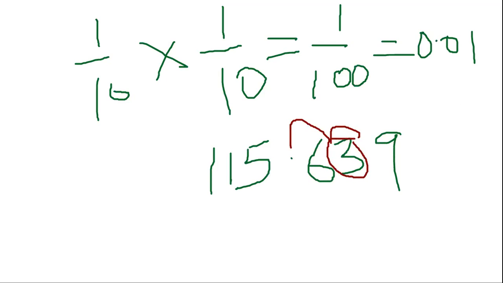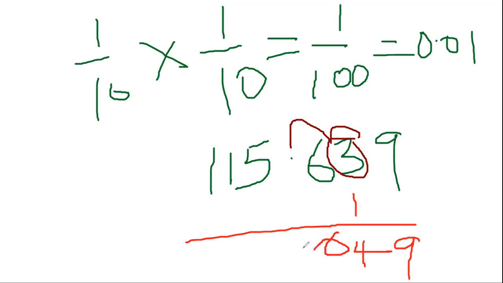So if I add 1 to this, that'll be 115.649. So if I add 10, your 10 should be coming here, 1 and 0. And when you do that mathematics, that'll be 73. Thank you very much, class.